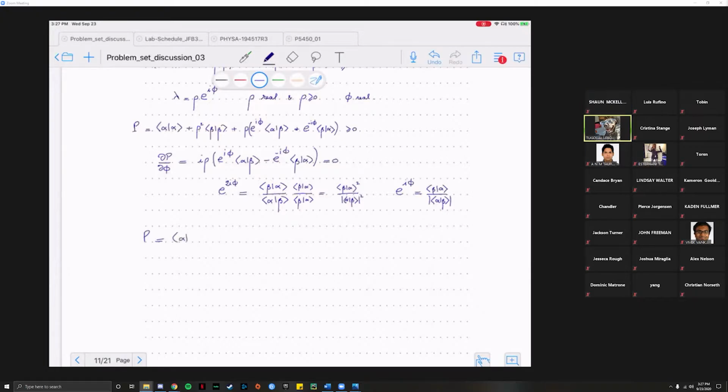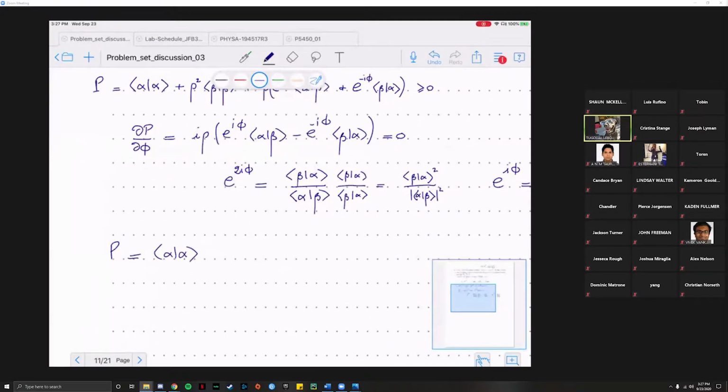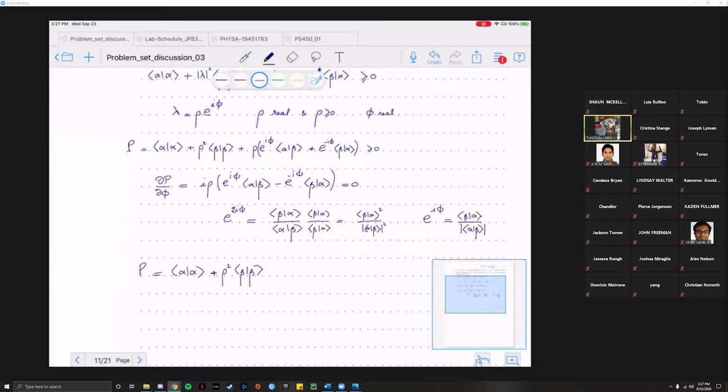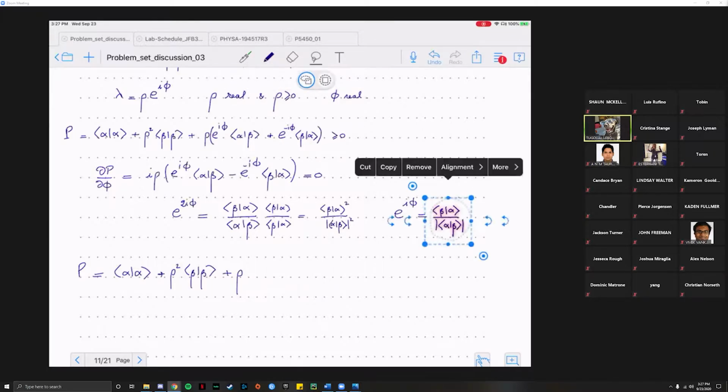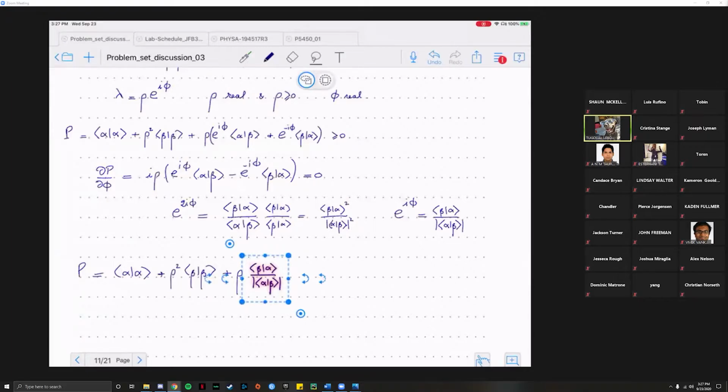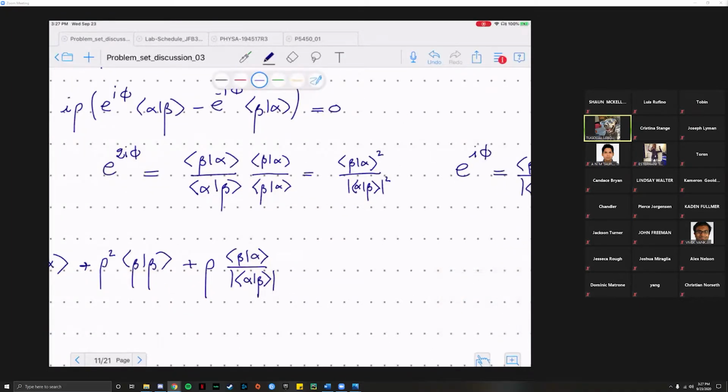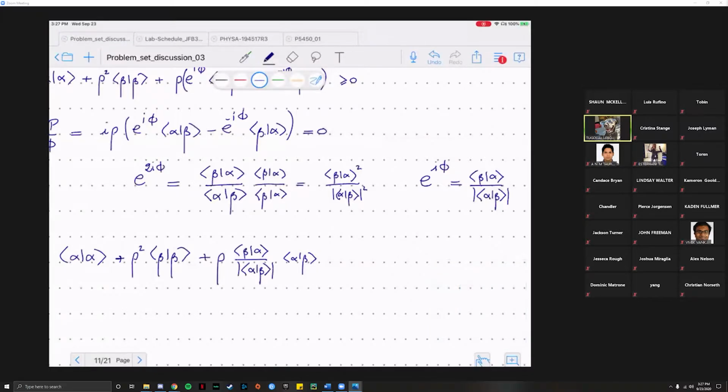So we have alpha plus rho squared beta, and then plus rho, beta alpha times alpha beta, and then minus the complex conjugate of exponential i phi.